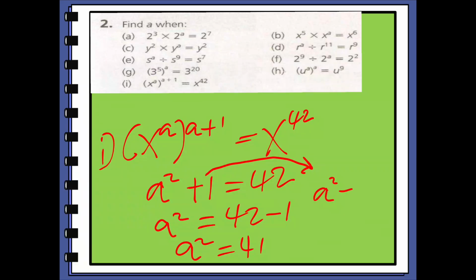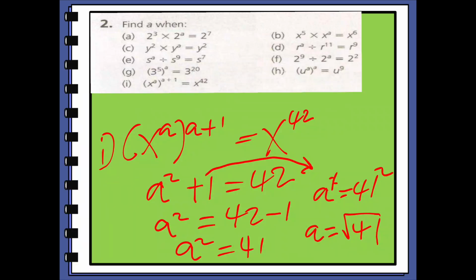So if a squared equals 41, if we introduce a square root this side, it means this side we are not going to have a squared. So our a is going to be equal to, what is the square root of 41?